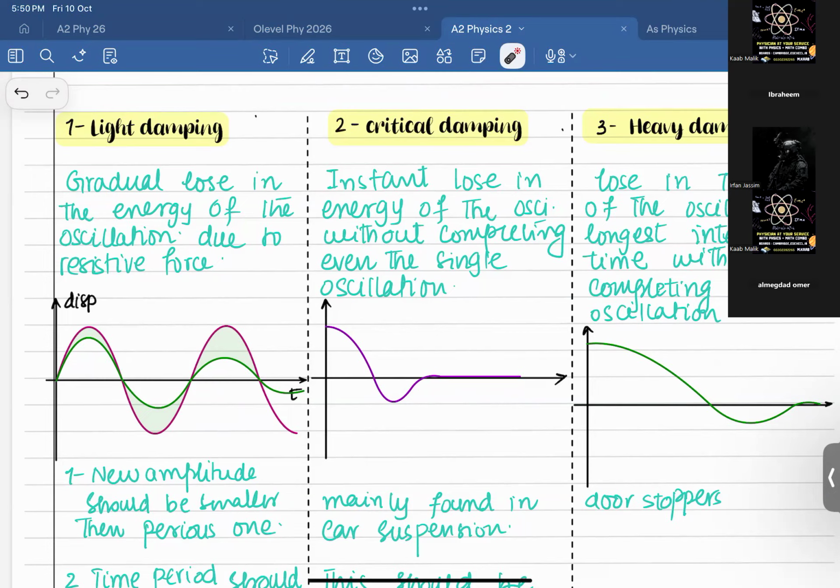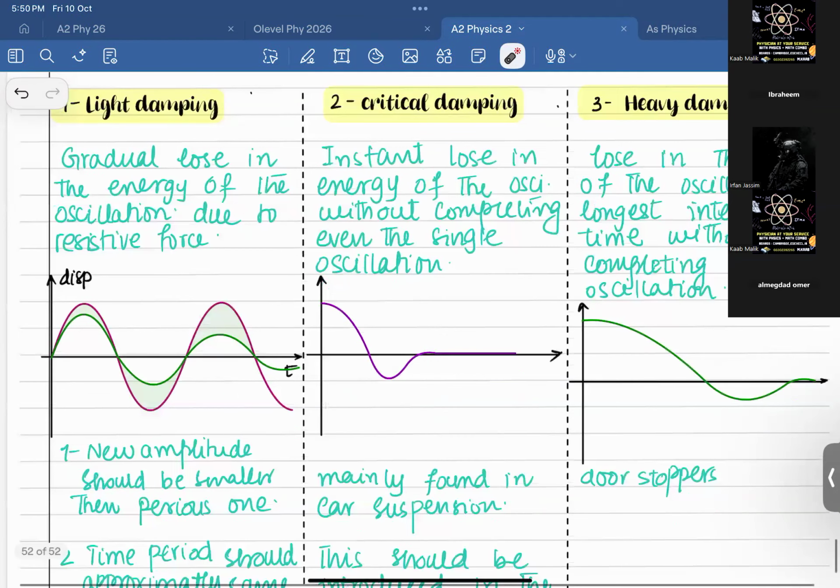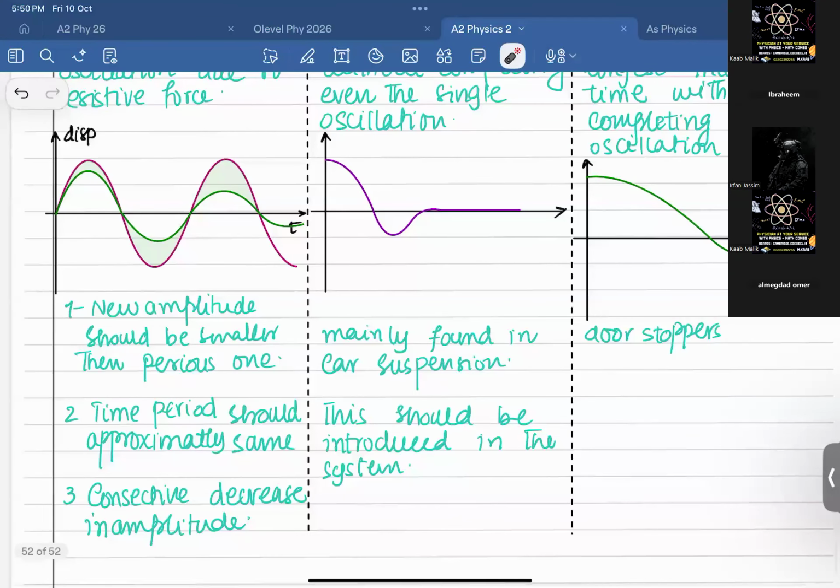It is damped as soon as possible. This is mainly situated in car suspension, where you want the car to stabilize as soon as possible after moving past a speed breaker, a hump, or any unevenness in the road.